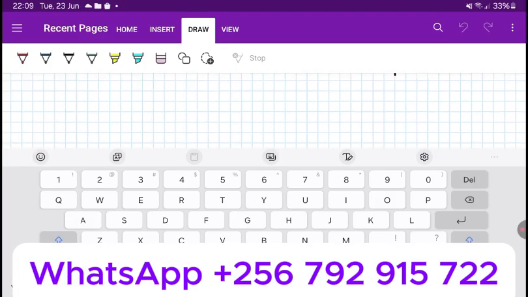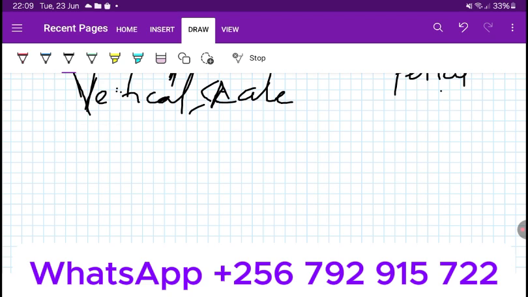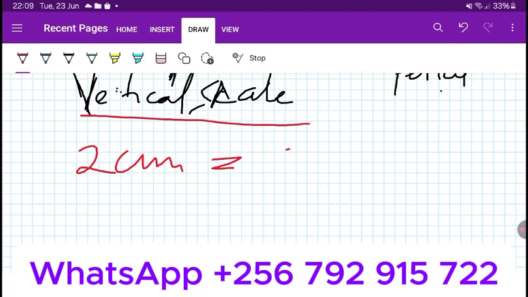For the vertical scale, we said we are going to use 2 centimeters to represent 20 units. The figures were in thousands.